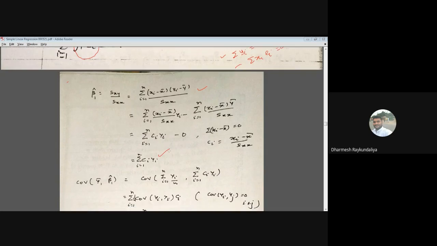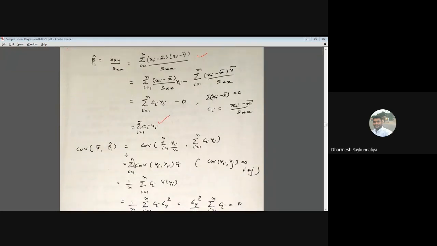Now I wish to find the covariance between y bar and beta 1 cap, that is Sxy upon Sxx. Y bar is summation yi upon n, and beta 1 cap is summation ci yi. Taking the summation outside, it is 1 upon n times the covariance of yi with yi, times ci.